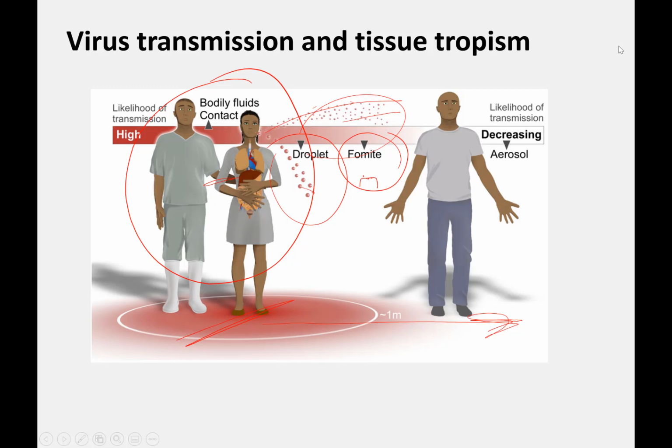But just realize that there are many ways viruses can be transmitted, and this can relate to the type of tissues that they infect, right? So if something is transmitted through the air and you breathe it in through your nose and mouth, then it's likely going to infect those tissues and maybe down into your lungs.